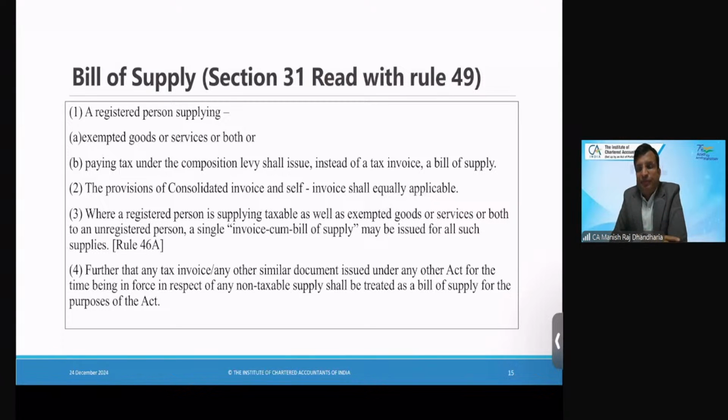In case of composition levy, I can't collect the tax from the recipient. The tax is being paid by the supplier from its own pocket. That's why here you do not make a tax invoice, you give a bill of supply. Okay, so these are the two most important points in this.